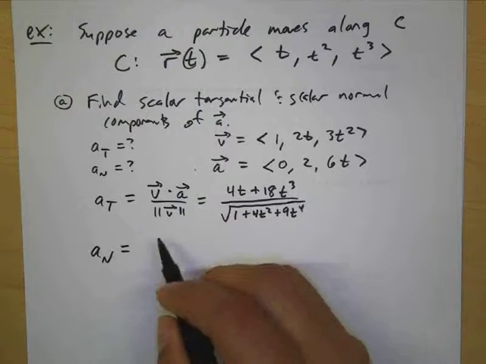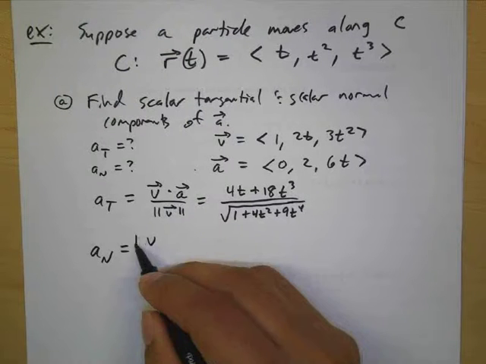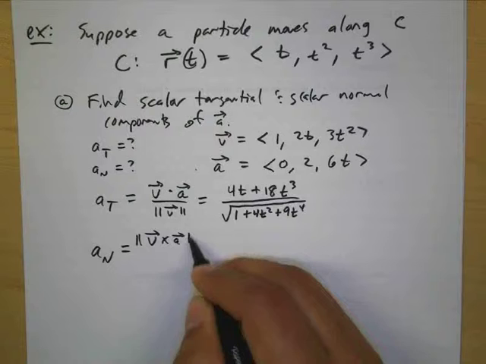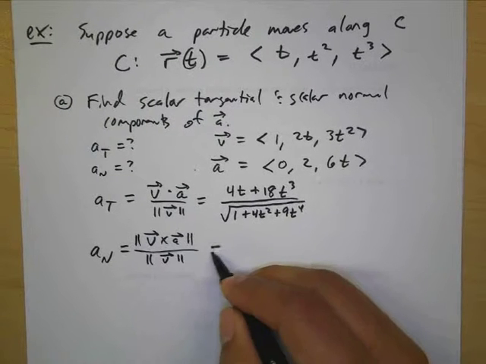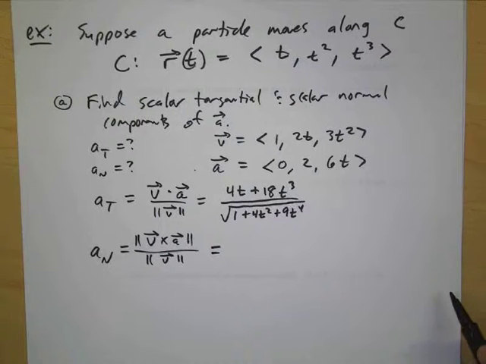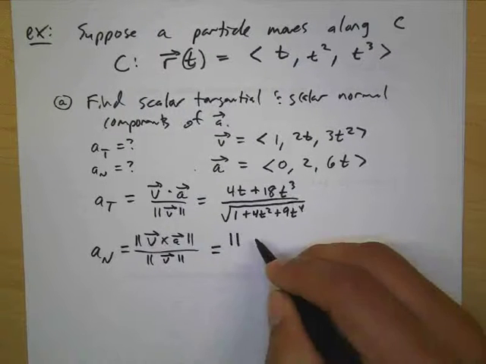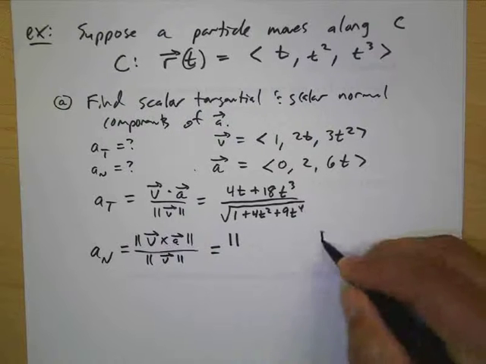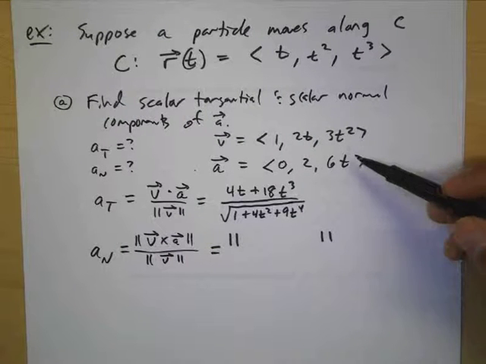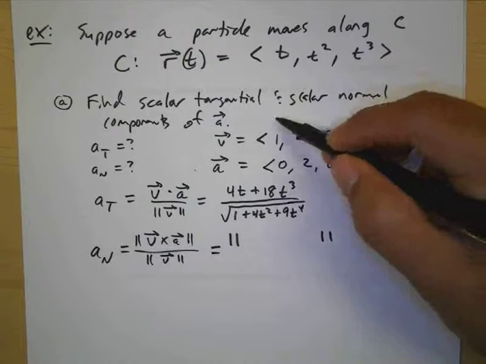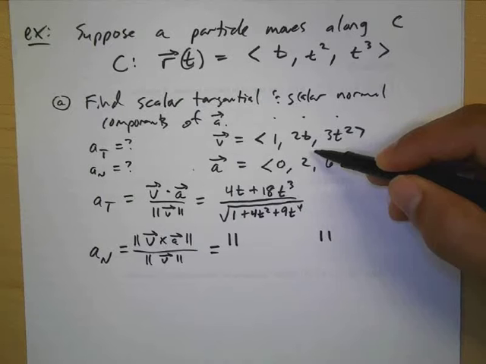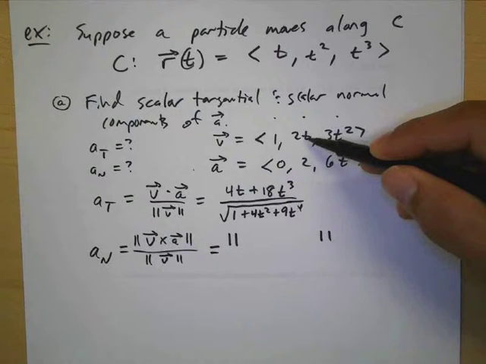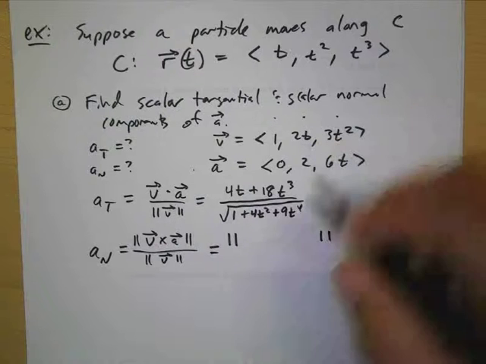To find the normal scalar component, we want magnitude of v cross a over magnitude v. So we want to find the magnitude of some vector. Let's just do the cross product up here. Imagine i, j, k. What's the first component going to be? 6t squared.